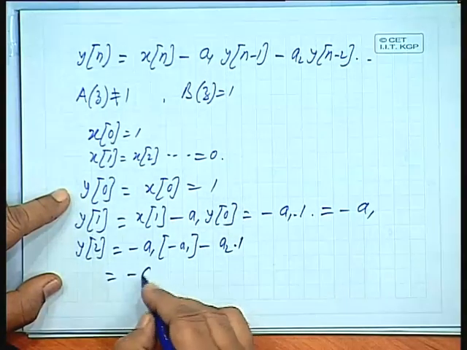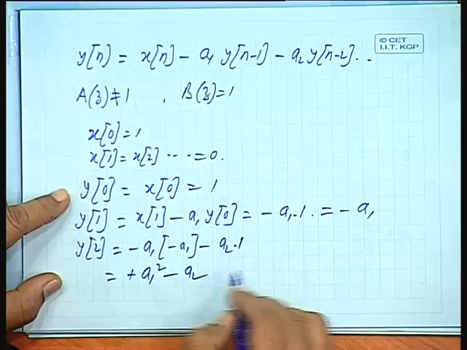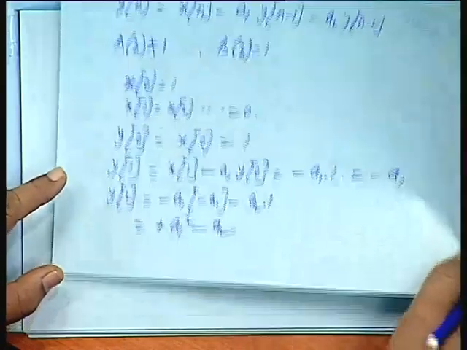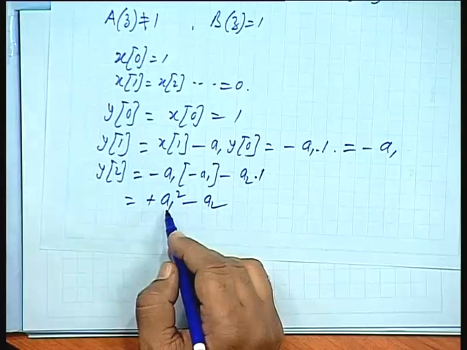So, it will be minus a1 and minus, which makes it plus a1 square minus a2, and it will continue like this. You will find, because there was an output in the previous instant, it will be affecting the present output. So, it will continue till an infinite time.